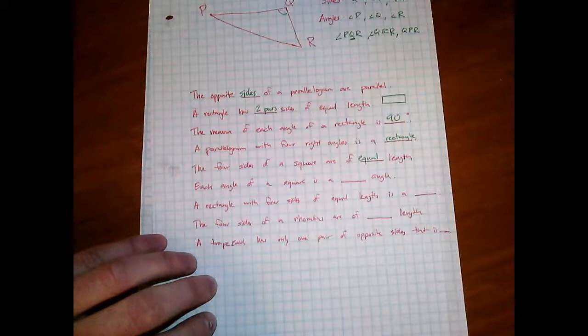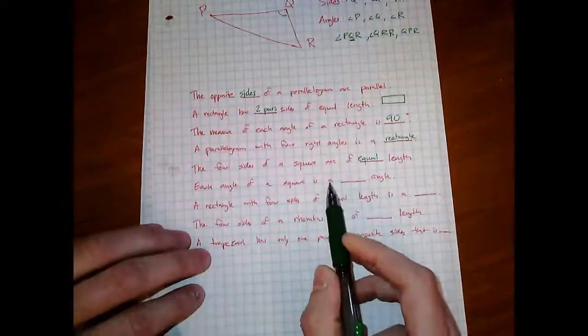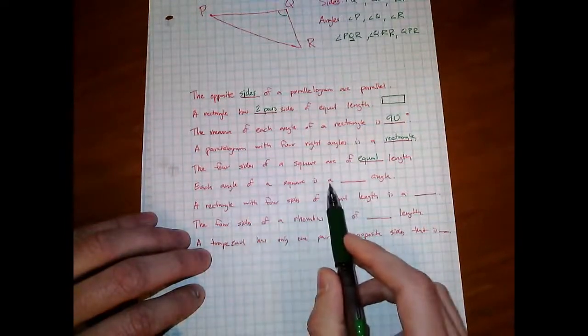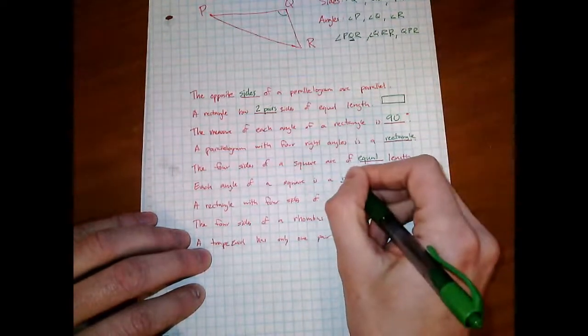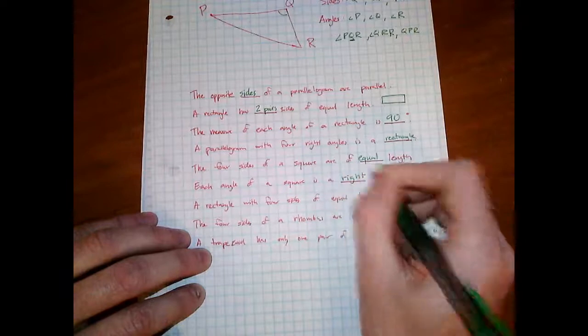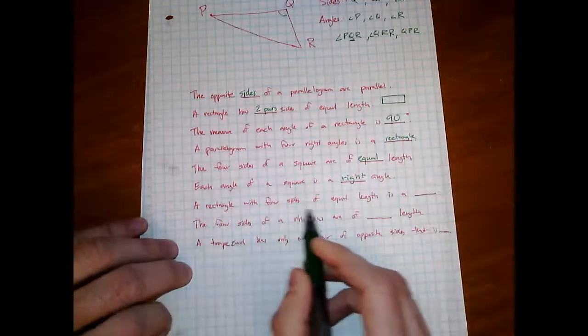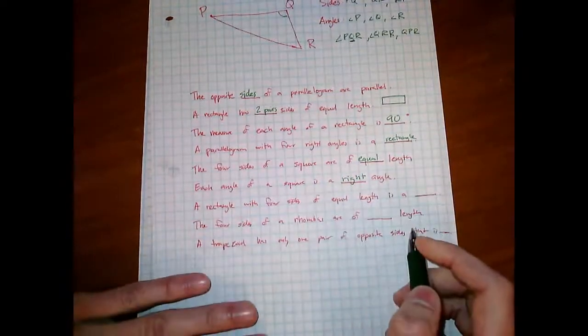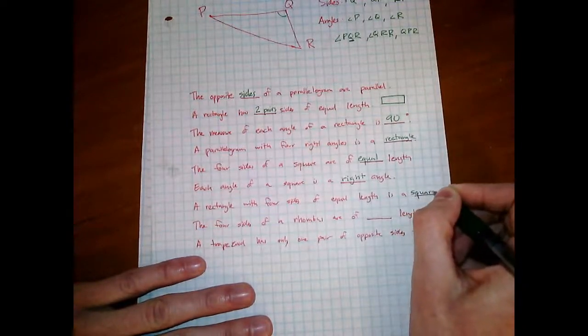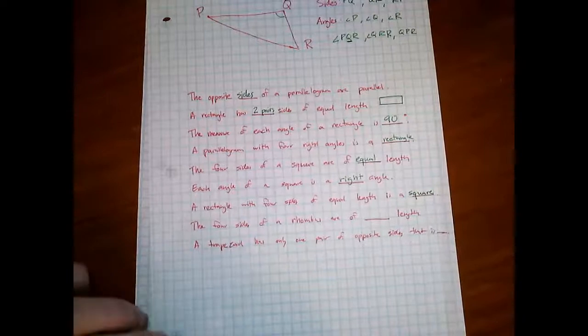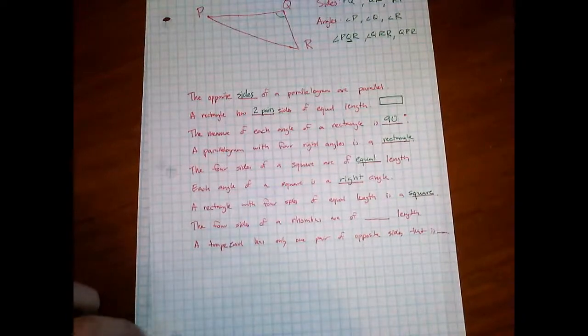All four sides have to be equal to each other to make it a square. Each angle of a square is a what kind of angle? That'd be a right angle, just like the rectangle. A rectangle with four sides of equal length is a square. Remember, a square is just like a rectangle, except all of the four sides are equal to each other.